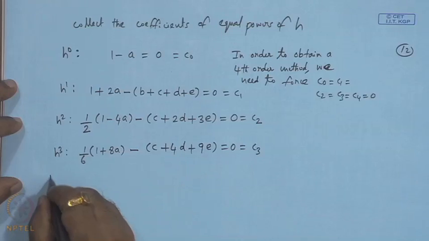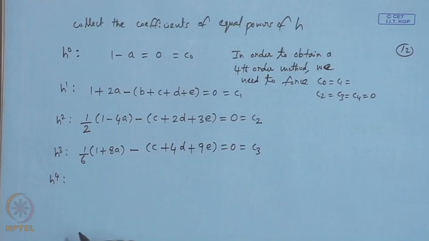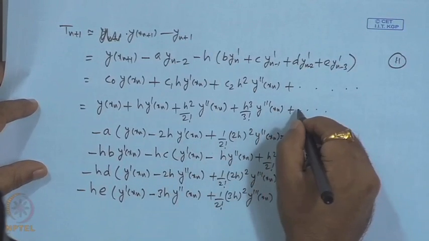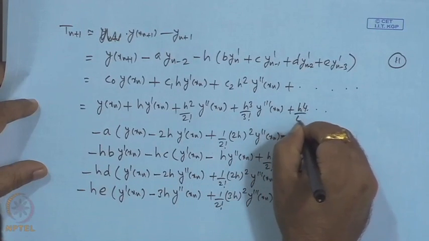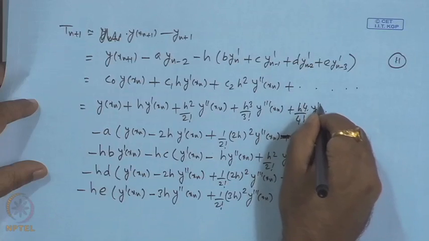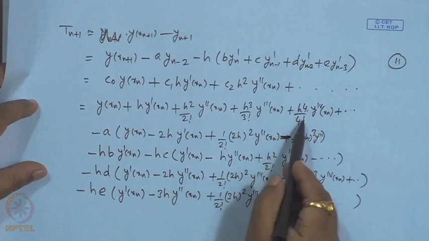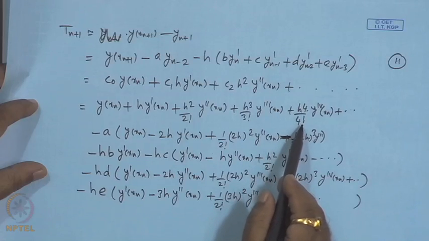Okay. Now, h power 4, look at it here. Okay. So, 1 by 4 factorial.